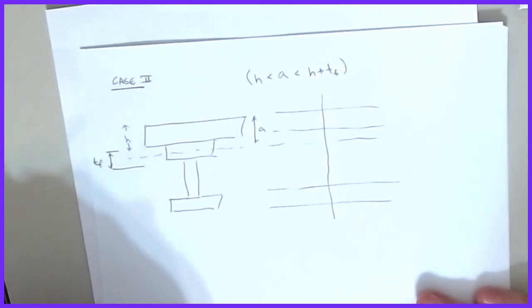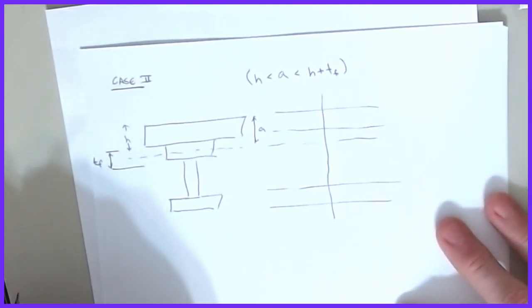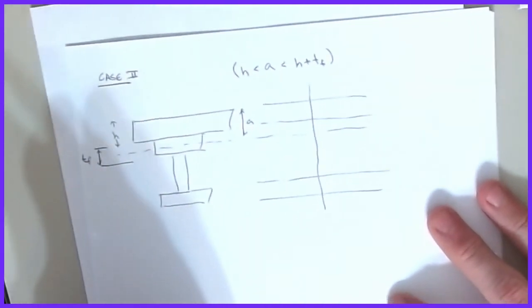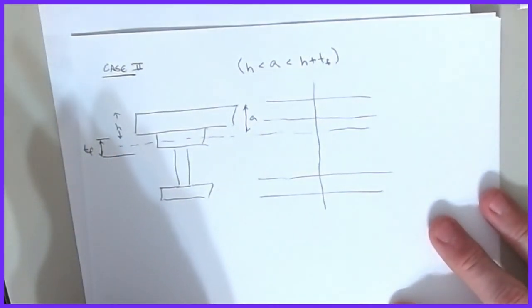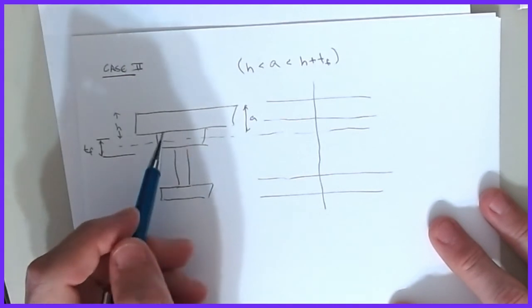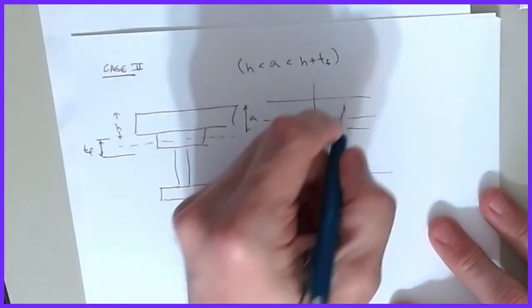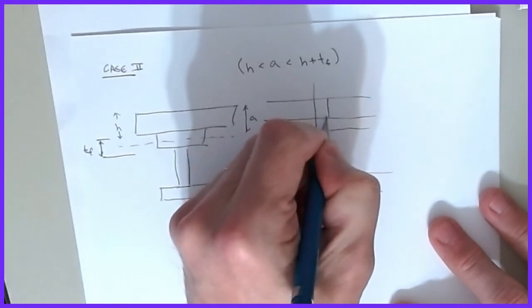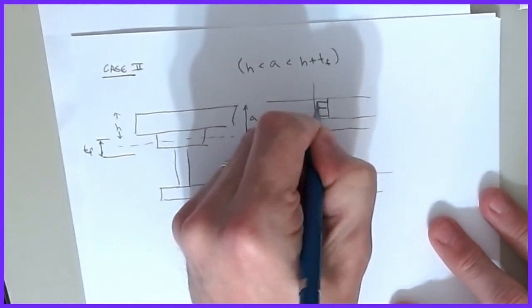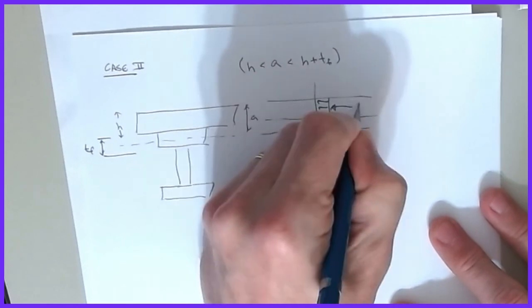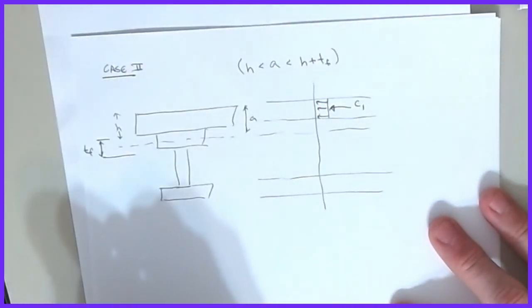And the thing that's kind of cool about this is I don't even really have to play with the strain diagrams on this. I'm just going straight to Whitney and knocking these things out. So if I go through and I do that, then what happens is I have a C1 value that's there.